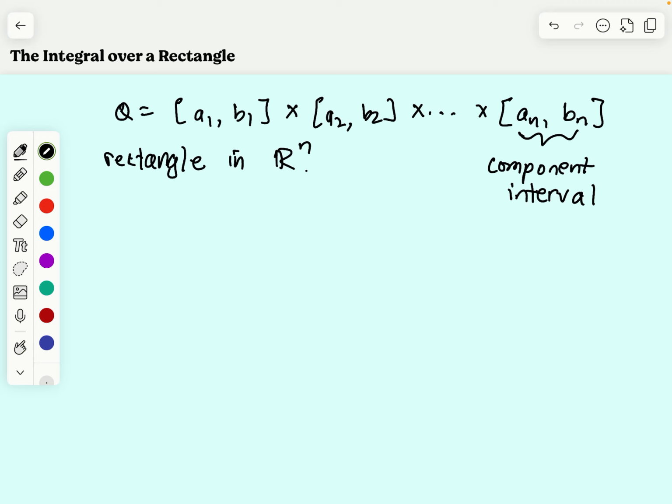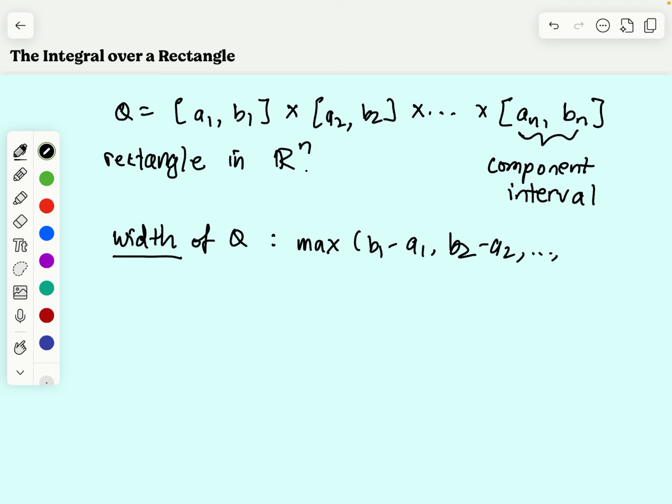And we define the width of the rectangle Q to be the maximum of the numbers b1 minus a1, b2 minus a2, up to bn minus an.